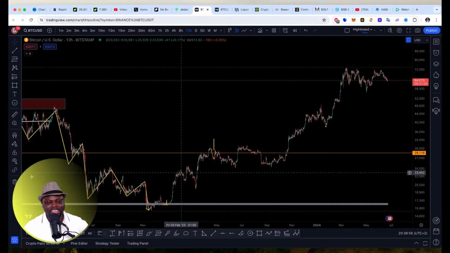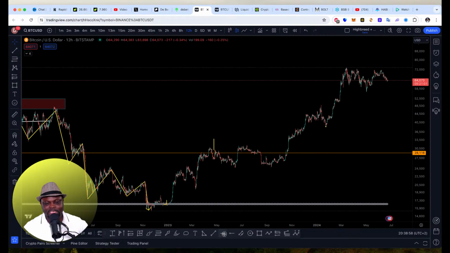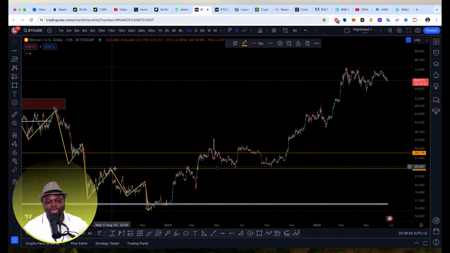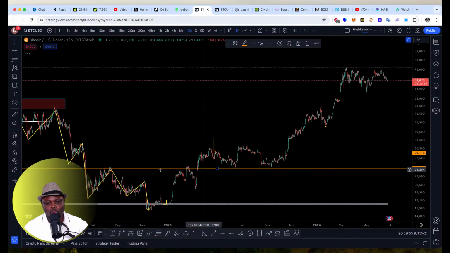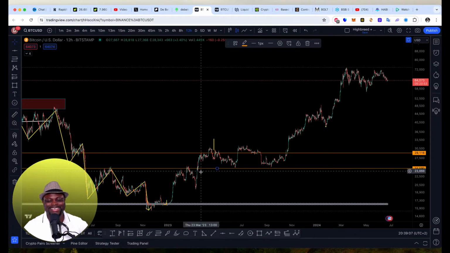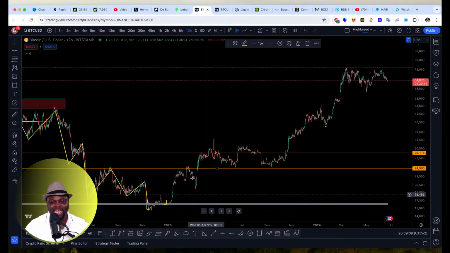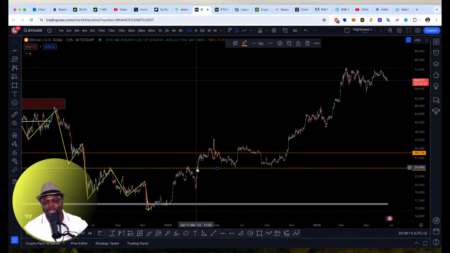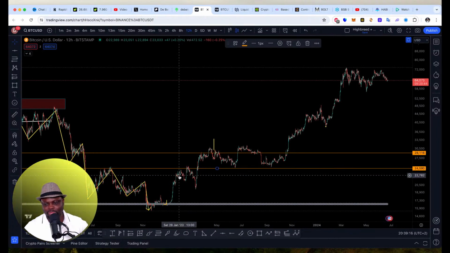Now this is a zone here. This was a major high before. This was a high here. So immediately price broke this high. What you are waiting for is a retest to that area where price broke. So let's say you are trading this coin and you are waiting for structure to be broken.